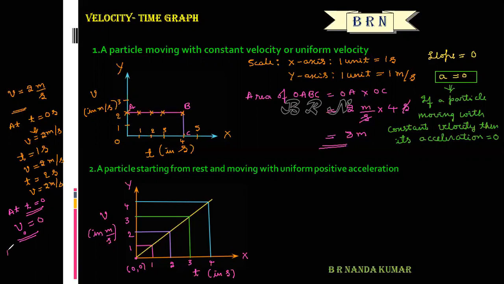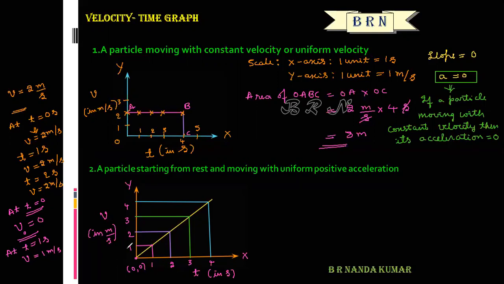Okay, and then at time t is equal to 1 second, the particle's velocity changes by 1 meter per second. Its velocity increased by 1 meter per second. Then the next point is 1 comma 1.